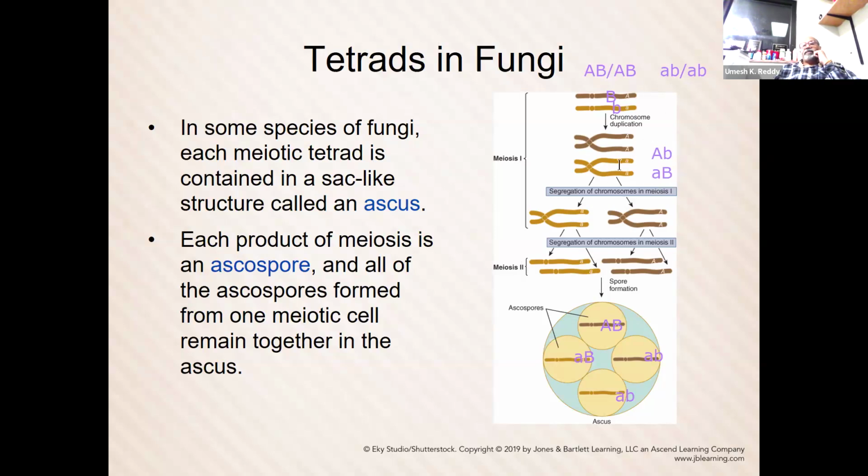The recombination can happen between these two. Okay. And then segregation can happen as a result. You have that chromosome with capital A, capital B, small a, small b, small a, capital B. These two are recombinants. So you have parental types as well as recombinants. So this kind of ascus is the whole thing. This is the ascospores.